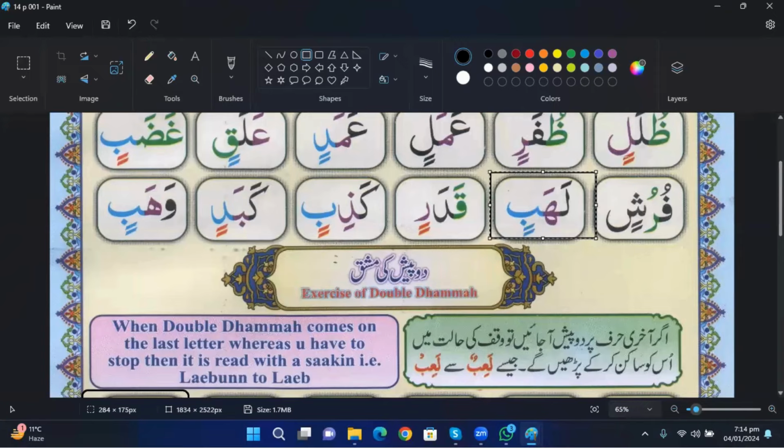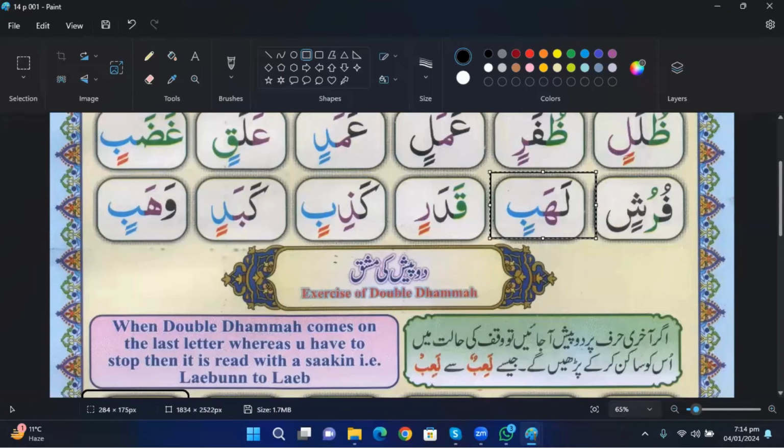It will come always at the end of the word, as the last letter. So when round ta comes at the end of the word, in stop condition, round ta will convert into ha.